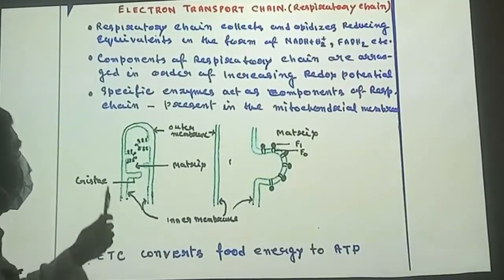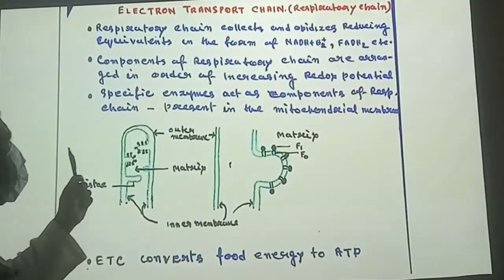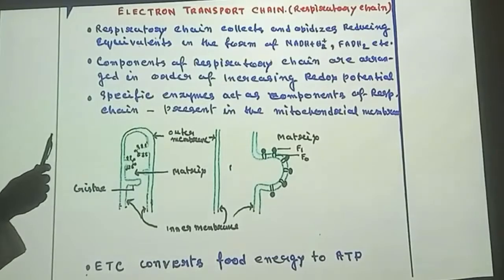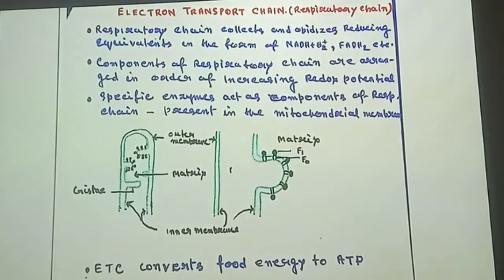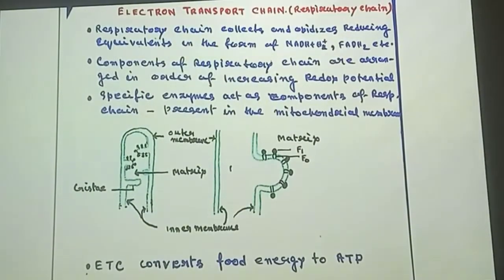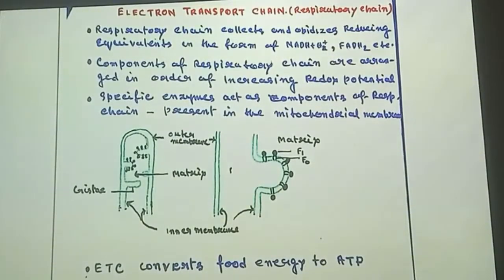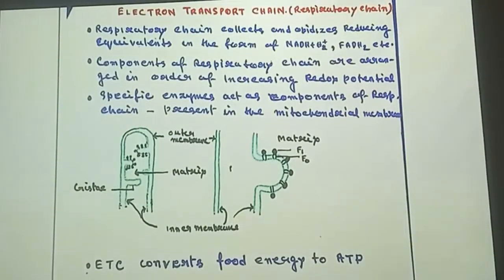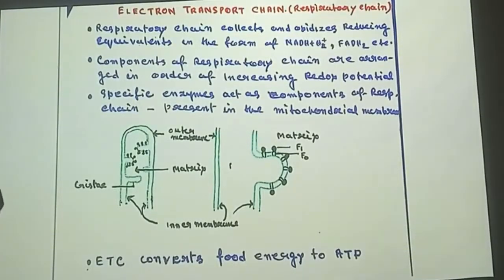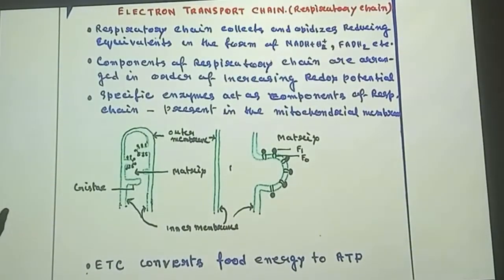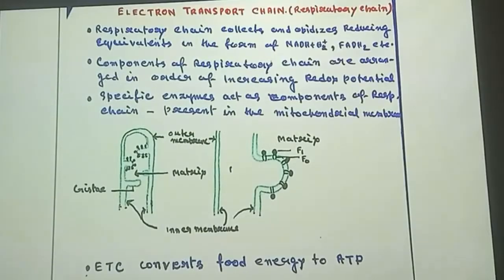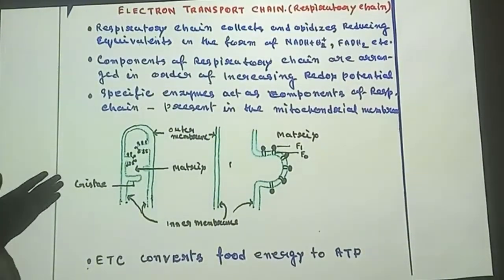You will learn that in your next chapters. The respiratory chain collects and oxidizes reducing equivalents. Reducing equivalents means the molecules which can be oxidized, like NADH2, FADH2, and NADH plus H plus.